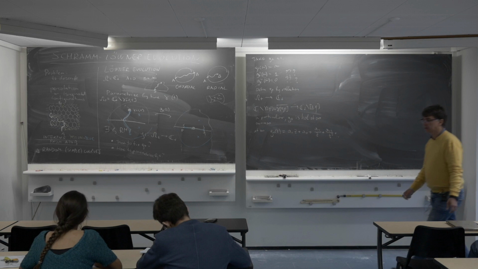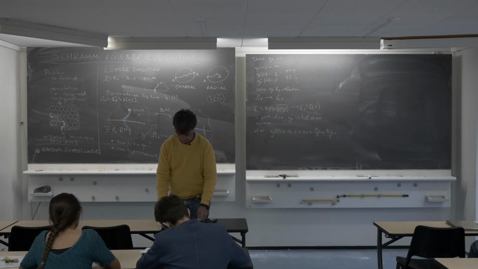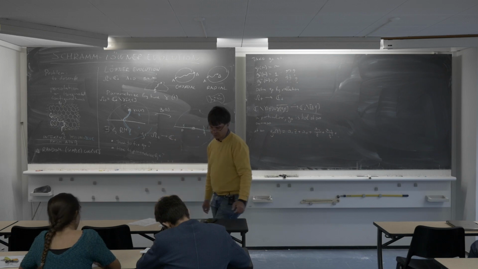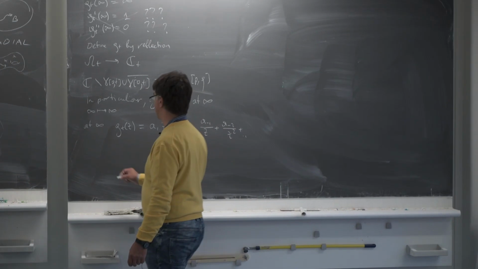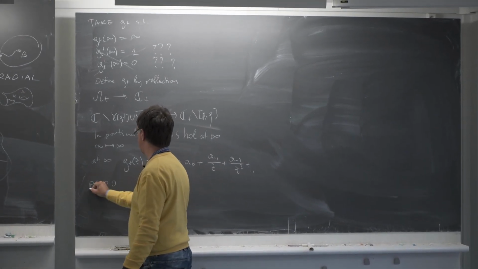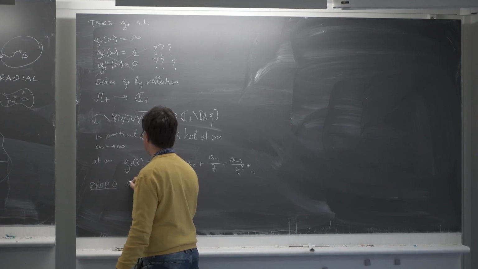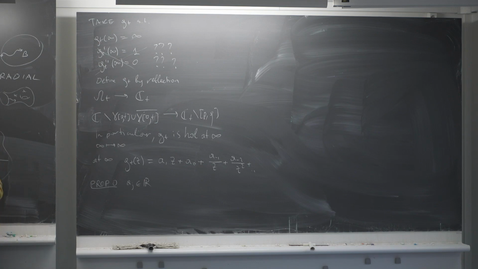By the way, immediately a remark, a proposition 0: all these coefficients aj are real. Why? Because the real line is preserved.